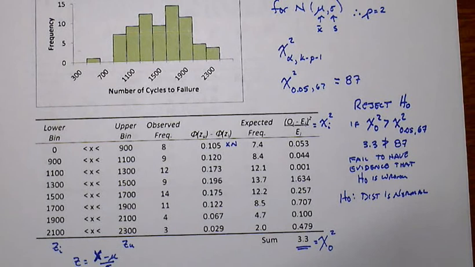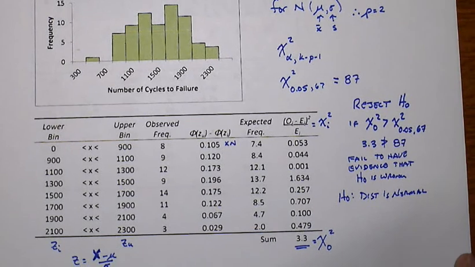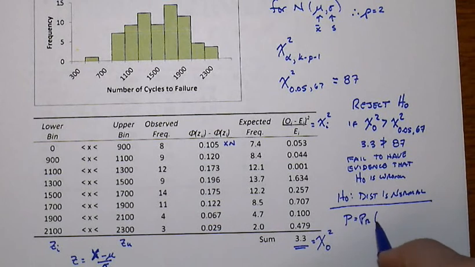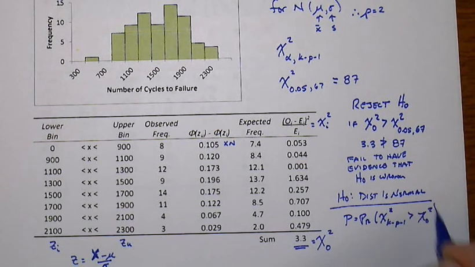The other way that you could potentially do this is take a look at a calculated p-value. Right? And the p-value here is the probability that our chi-squared with k minus p minus 1 degrees of freedom is greater than our criterion value. And in this case, that is a fairly large number.